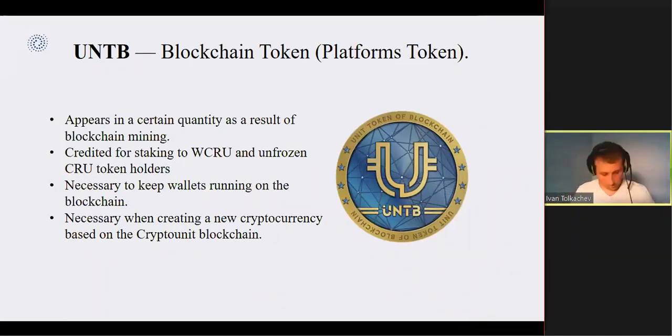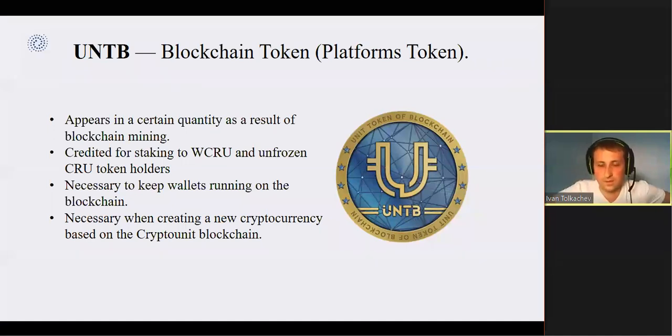And the second token is UNTB. This is the blockchain token, or platform token, and we actually mine it after staking WCRUs. Every time a new block is generated on the Cryptounit blockchain, a specific number of UNTB is accrued for staking, and it is needed for our blockchain wallet to operate, and it is needed to create new cryptocurrencies, new tokens.